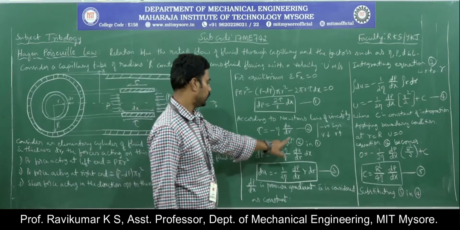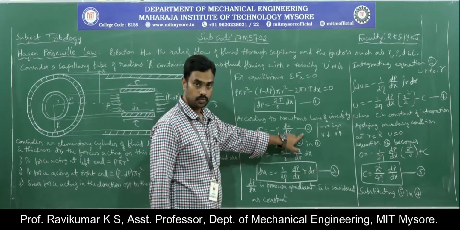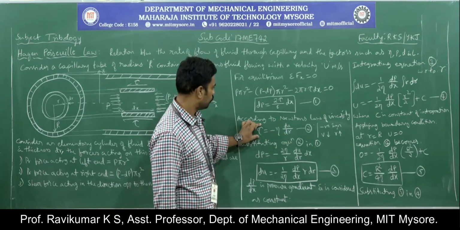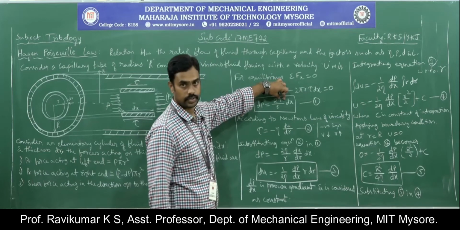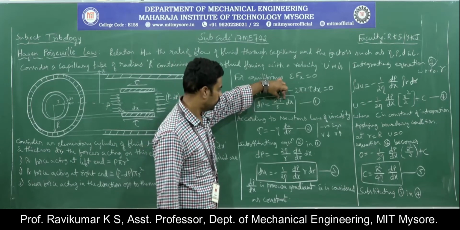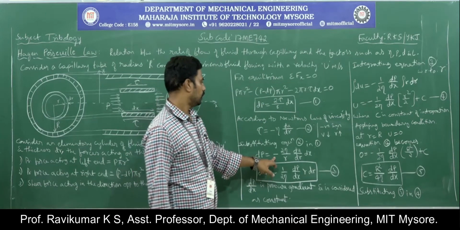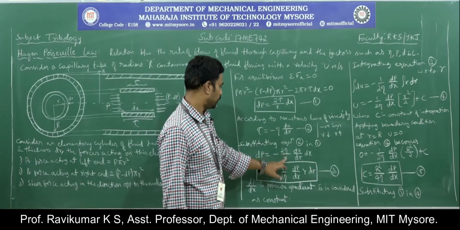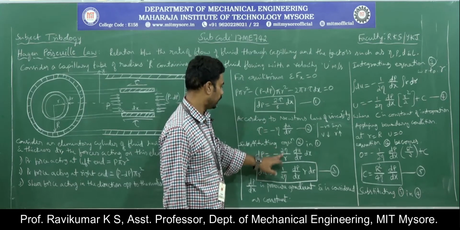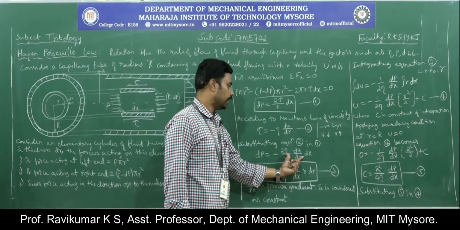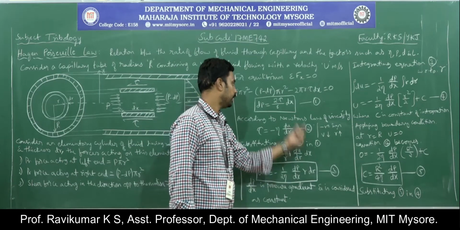I will call this equation 2. Substituting equation 2 in 1, substitute for tau here, since equation 1 contains the tau term. You will get dP is equal to minus 2 eta by r, where tau is this amount, eta into du by dr, multiplied by dx.